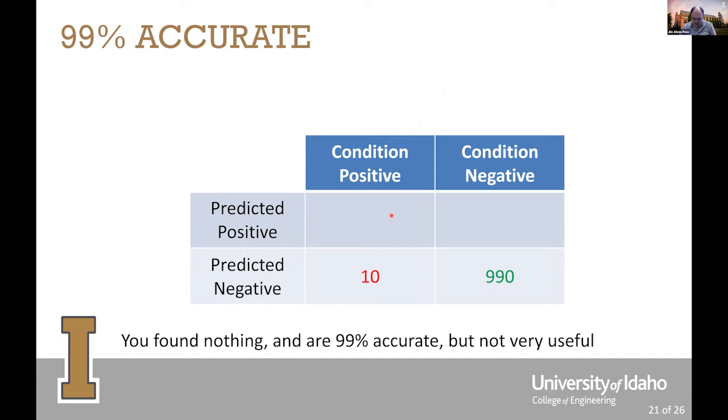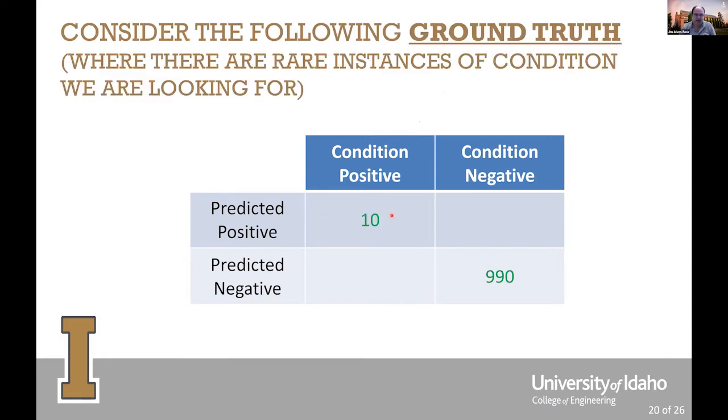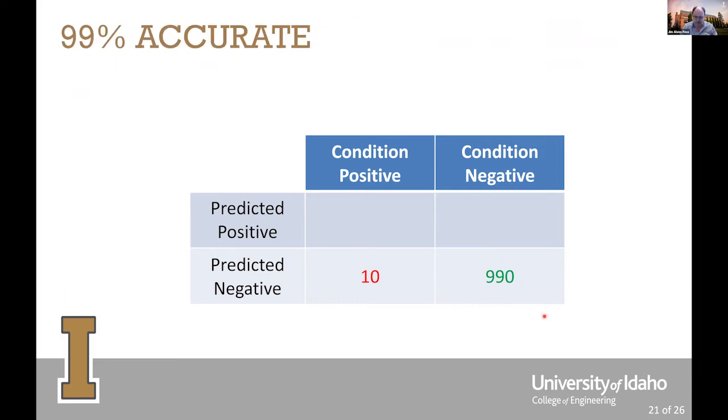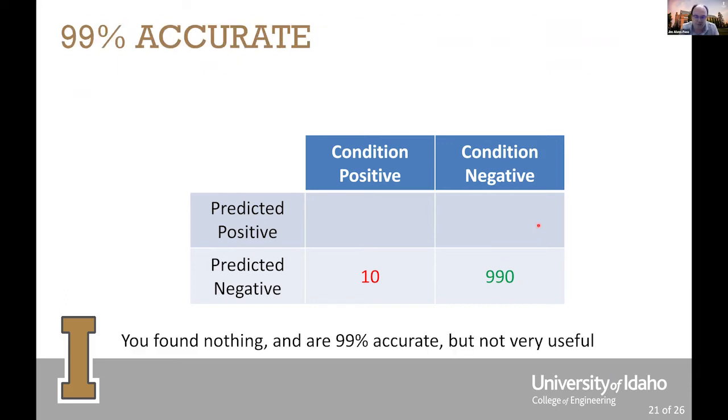Accuracy is basically saying, how well did I do in this diagonal? Well, in this diagonal, I did pretty well. I got 990 out of 1,000. I was 99% accurate. My tool that did absolutely nothing right was 99% accurate and 100% useless, or 0% useful.